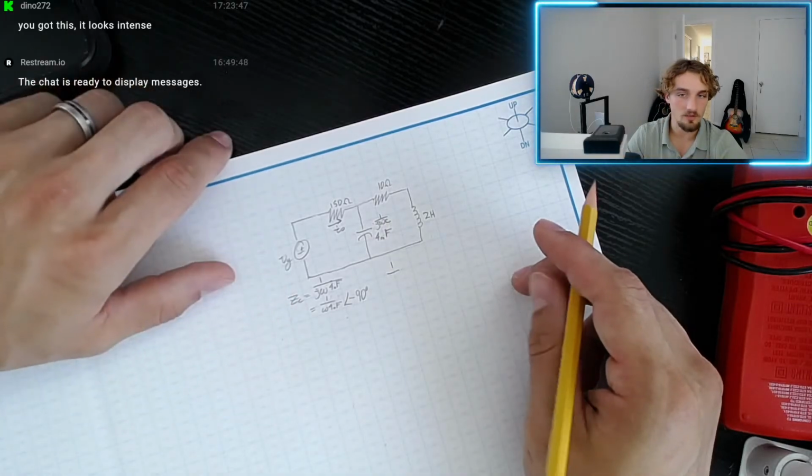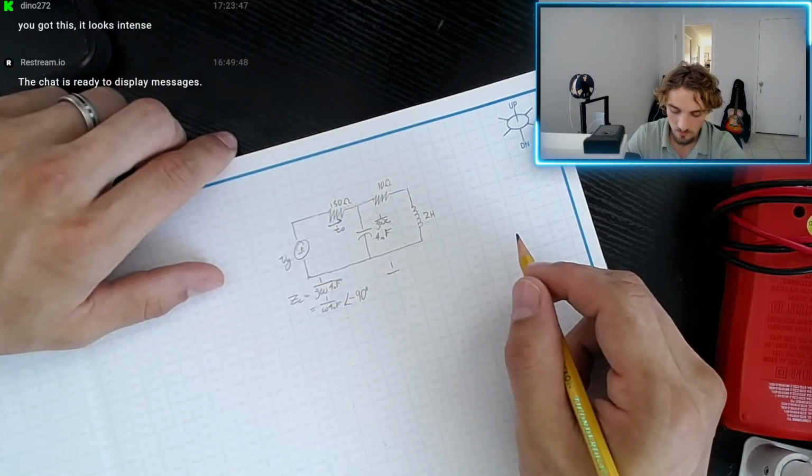Yeah, then it's negative 90 degrees for the capacitor, because I believe that's accurate.